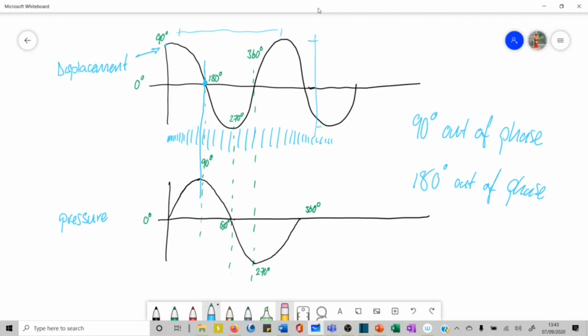Okay, but the maximum condensation for the displacement wave is happening here. That's the maximum condensation, but the maximum for the pressure wave is here. So it's 90 degrees out of phase, because if you look at that there, the displacement wave is already at 180 degrees, so it's 90 degrees behind.